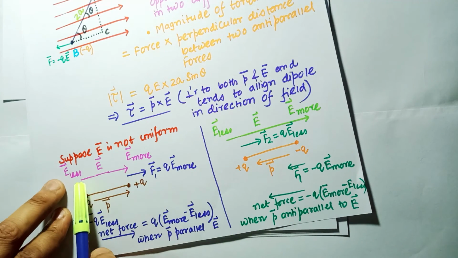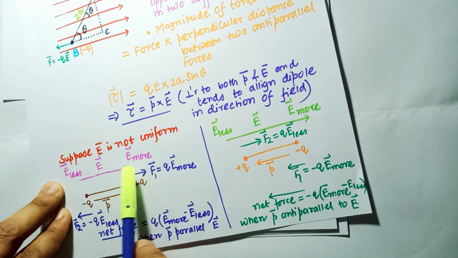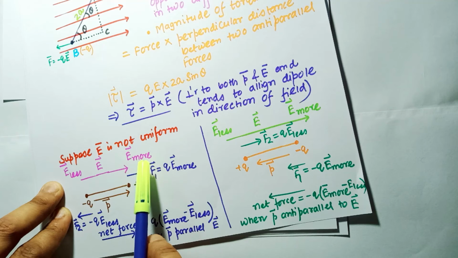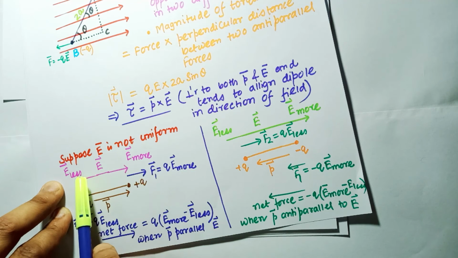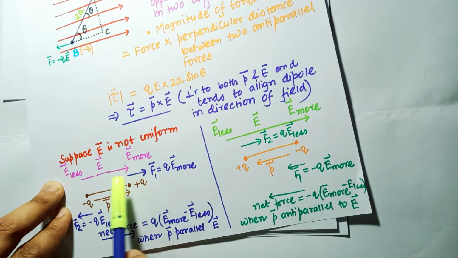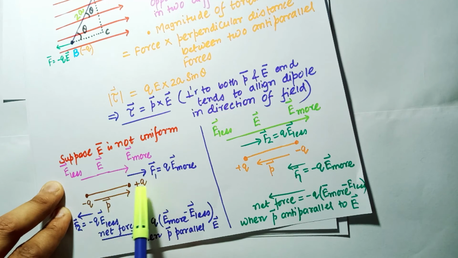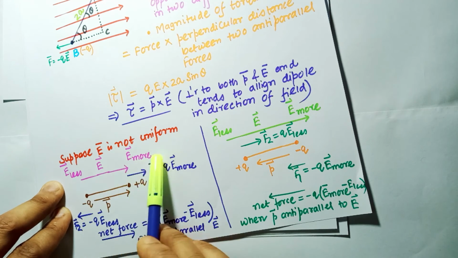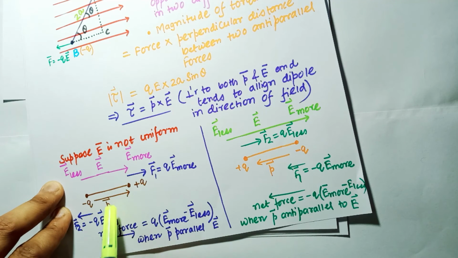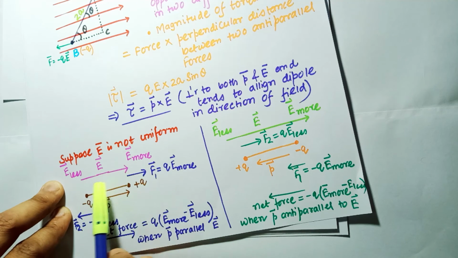You can see from the picture that I have drawn these lines in the increasing direction of the electric field, from left to right. So on the left the electric field is less, on the right the electric field is more. I placed a dipole in the parallel direction of the electric field, where the dipole moment is parallel to the electric field.